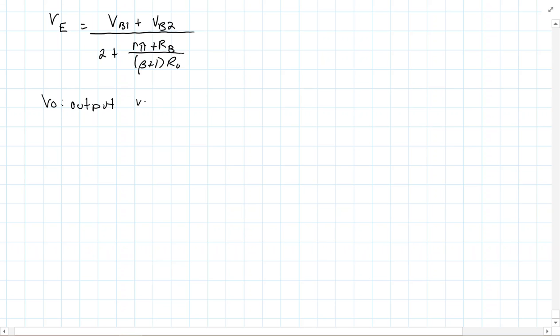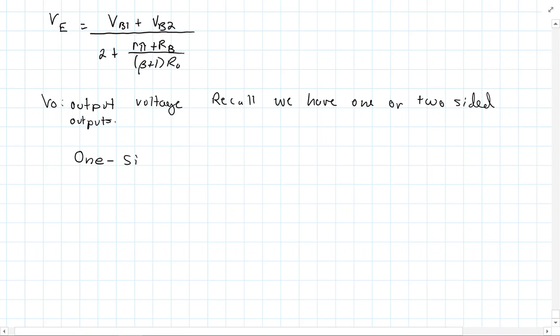Now remember, we have one or two-sided outputs. What we're going to do is only consider, at this point, the one-sided output.